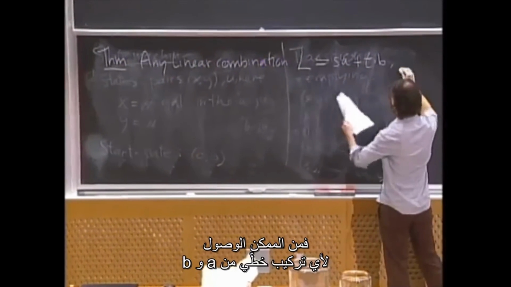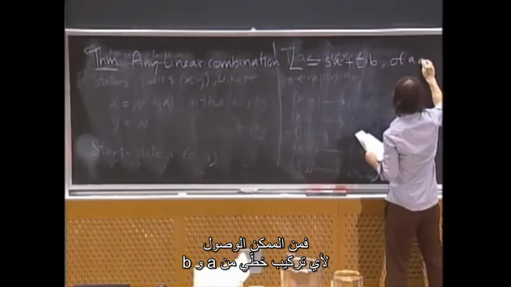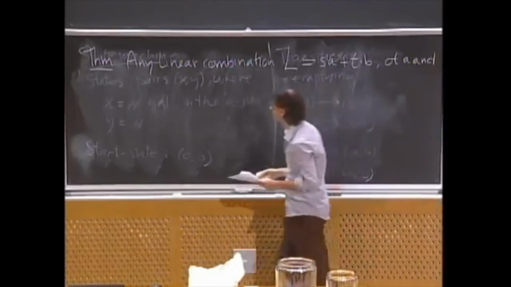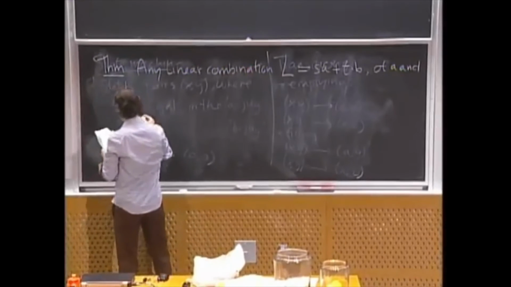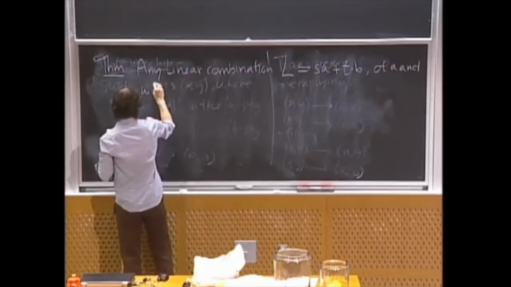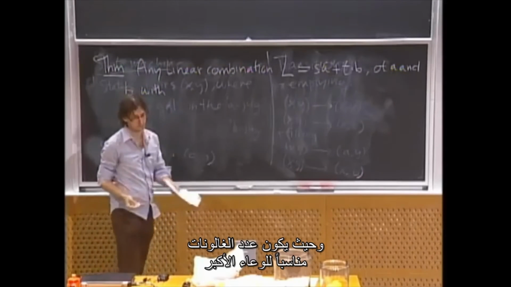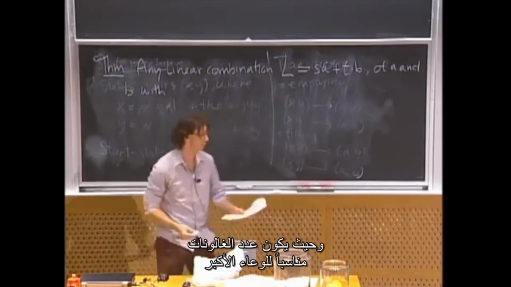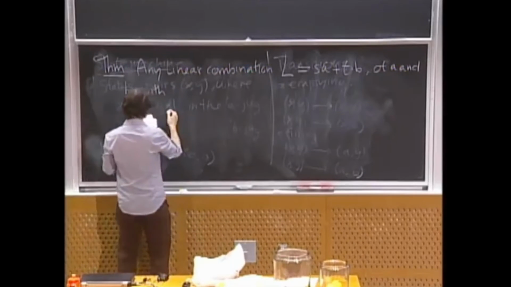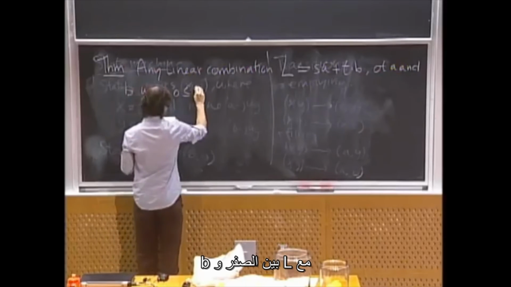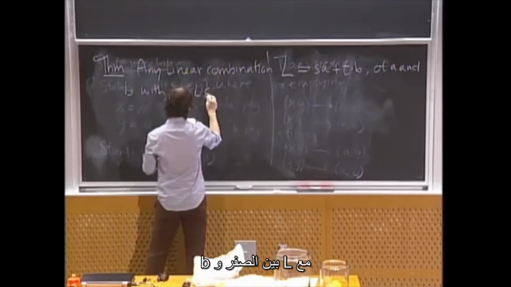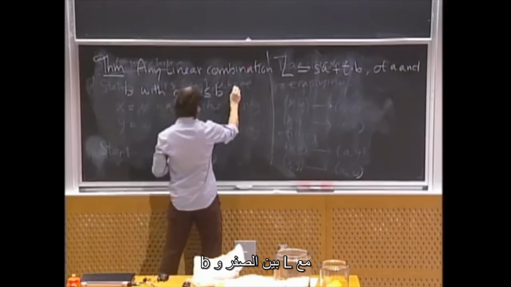So any linear combination of A and B, with, of course, the number of gallons fitting the largest jug, so with 0 at most L, at most B, can be reached.